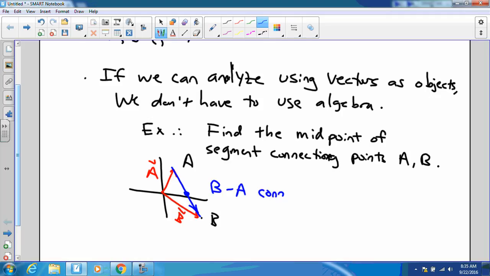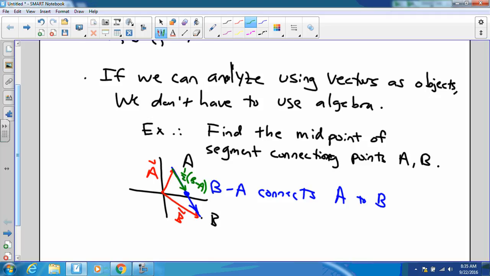So this vector is B minus A. This vector should get me to my midpoint. So this vector right here should be a half of B minus A.